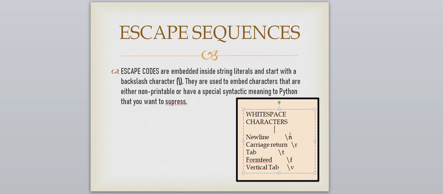I really hope that you are getting my point. I'll repeat it for you. \n. Because of this backslash, it is an escape sequence, and all of them, be it new line, carriage return, tab, form feed, vertical tab, create white space characters. They all create white spaces, and there is one more which is a white space character, but it does not need a backslash.